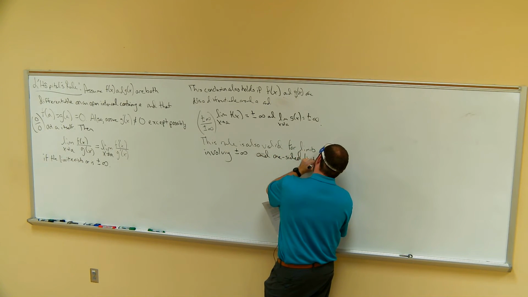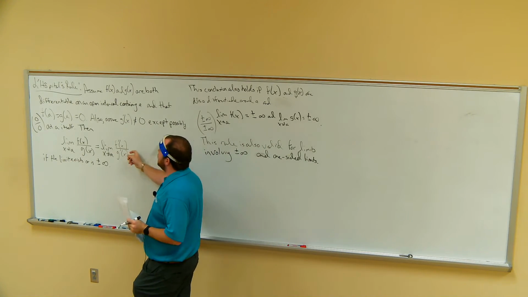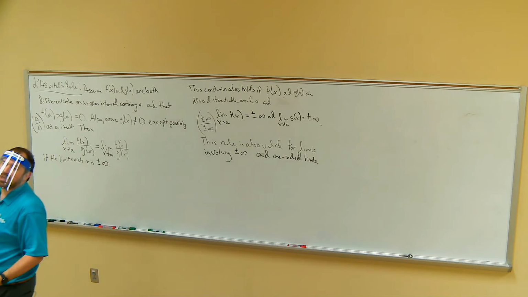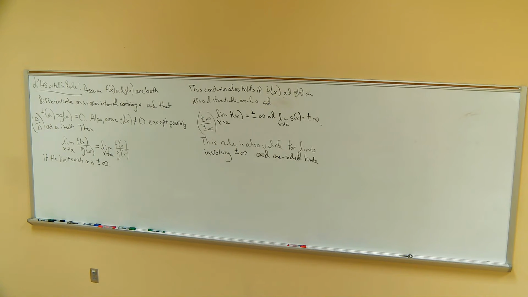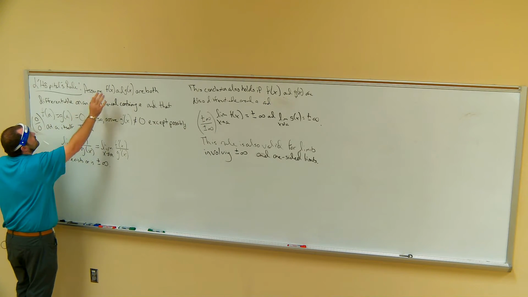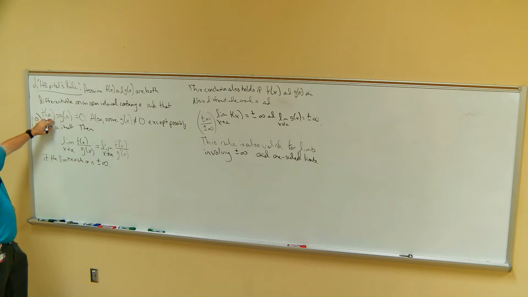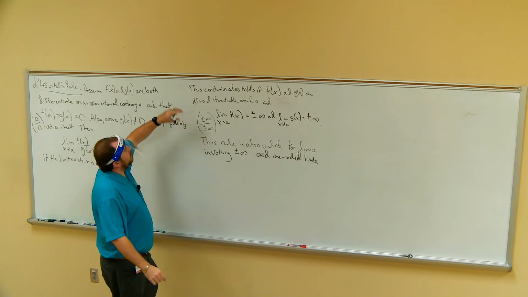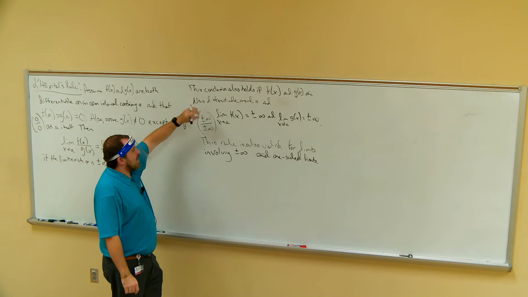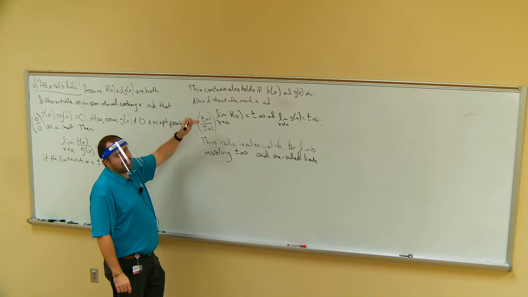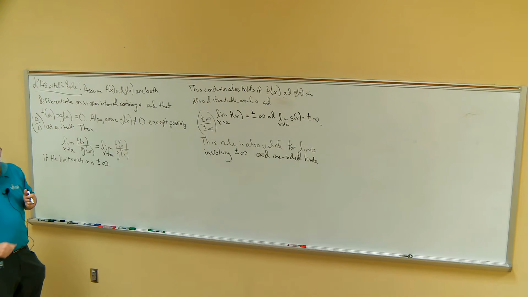So you can use L'Hopital's rule on any type of limit: as x approaches a number, as x approaches infinity, as x approaches negative infinity, or as x approaches a number from either the right or the left. But you still have to meet these two criteria. Either the functions are both differentiable on an open interval containing a and you have 0 over 0, or the functions are still differentiable around a and you end up with the indeterminate form infinity over infinity. You have to meet those criteria, but then you can use L'Hopital's rule.